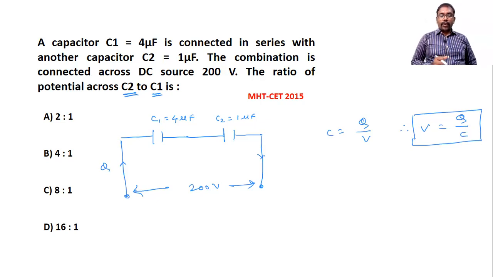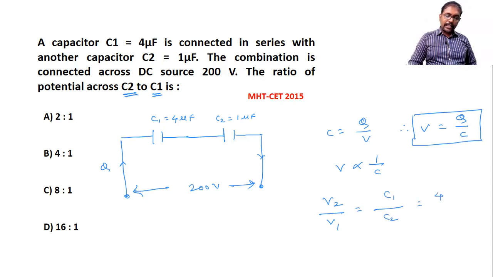Now V depends on C; V is inversely proportional to C. So I can write potential across capacitor 2 divided by potential across capacitor 1 is equal to C1 by C2. Now C1 is 4 and C2 is 1. So the answer here is 4:1, the potential across C2 divided by the potential across C1.